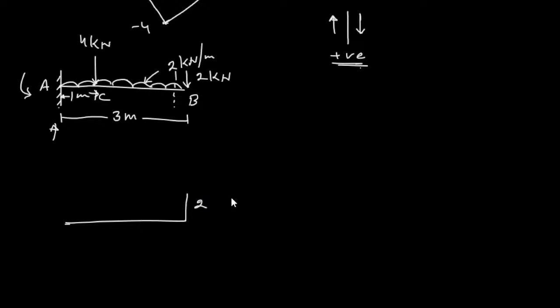Then this is UDL, but I will calculate this UDL till point C. From B to C it is 2 meter length, and for 2 meter the total UDL is 2 times 2 is 4. So in this 2 I will add 4. At point C the value of shear force I will get is 2 plus 4, which is 6.